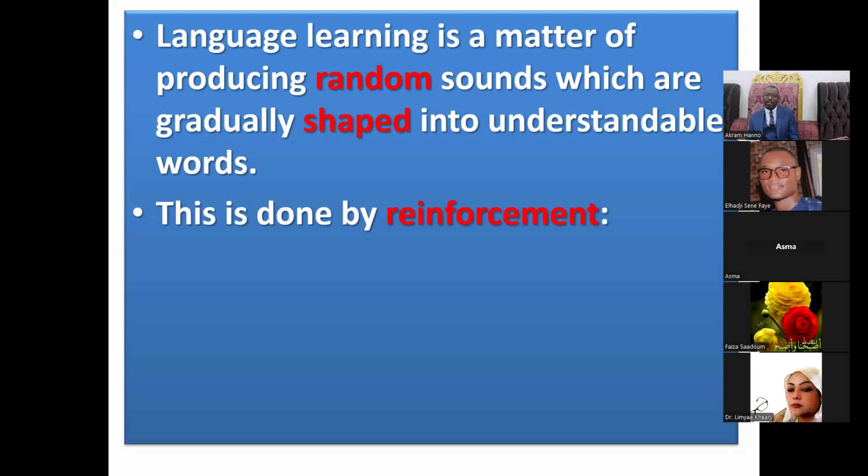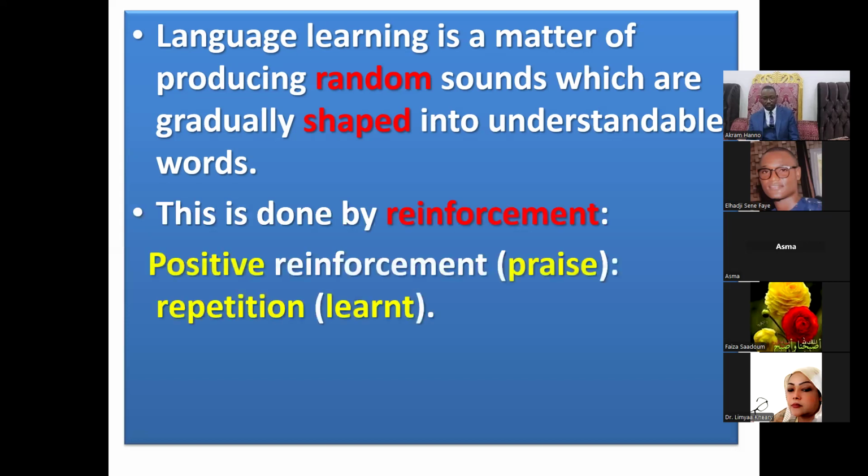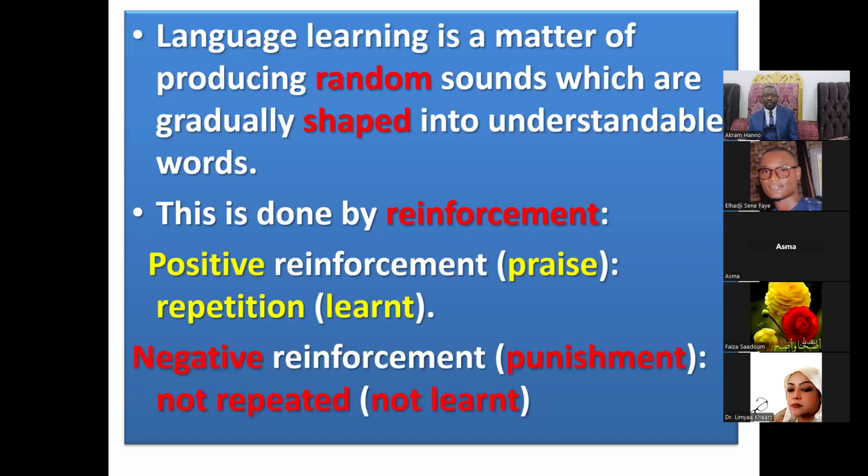It is done by reinforcement. Positive reinforcement means praise and repetition, and a child or an infant or a student will end up learning. But what about negative reinforcement? It leads to punishment and the behavior is not repeated, not learned, or unlearned.